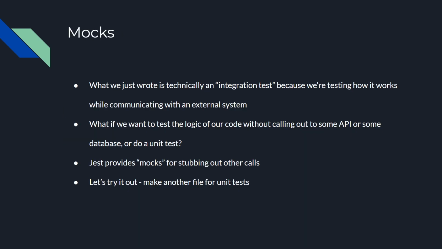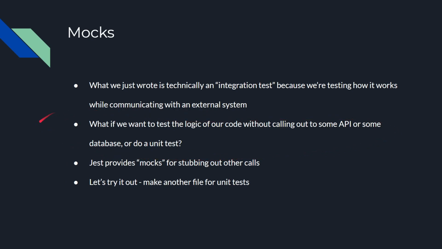So if we want to do a unit test where we're not using a third-party system, or an external system, not necessarily third-party, we need something called mocks, and Jest provides a mocking system built into it. Like I said, what we wrote is basically an integration test because it is talking to an external system. But for unit tests, we don't want to call out to an external API.